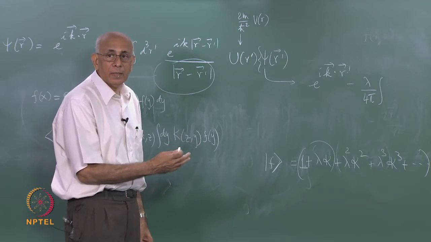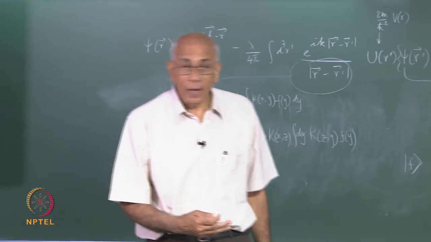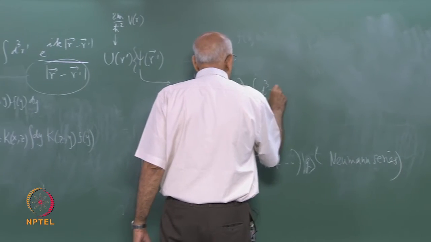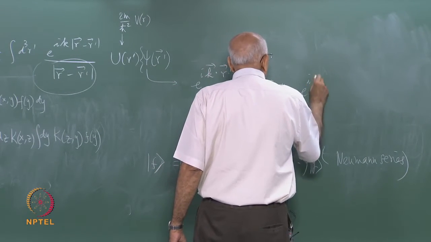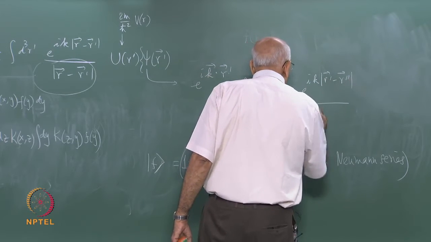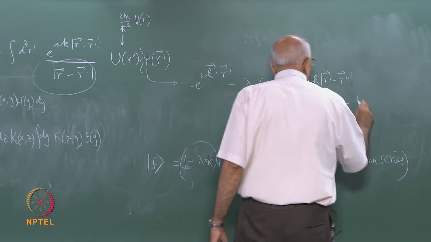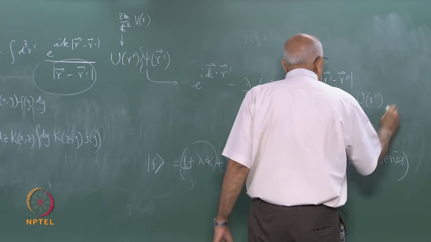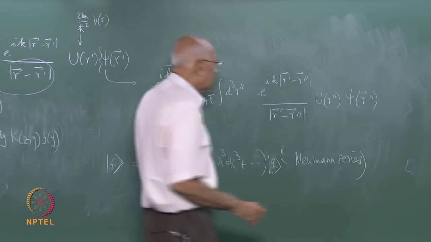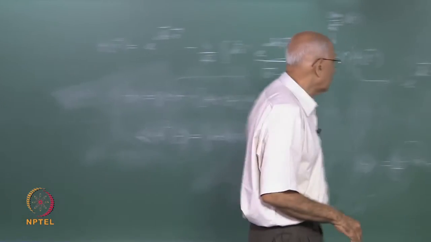What should I use there as the integration variable? d3 r double prime, I should use another index, right. So it is d3 r double prime e to the I k mod r prime minus r double prime over mod r prime minus r double prime u of r double prime psi of r double prime. That is exact, no approximations, that is exact, right.